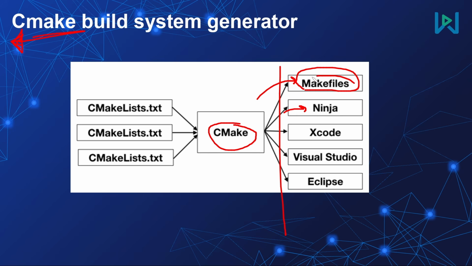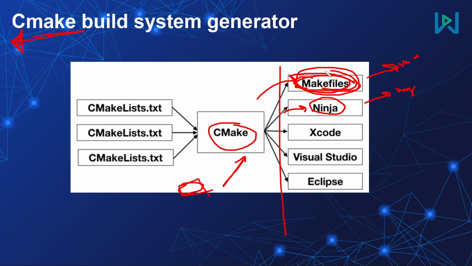And the type of files to be generated depends on certain inputs given to CMake. So here the user will state if those files will be Make-based or Ninja, as an example.